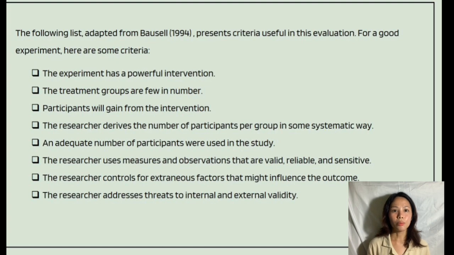Researchers can enhance external validity by using representative samples, replicating the study in different settings or populations. A good experiment should carefully consider and address potential threats to both internal and external validity to ensure that the findings are reliable and applicable to the real-world context.